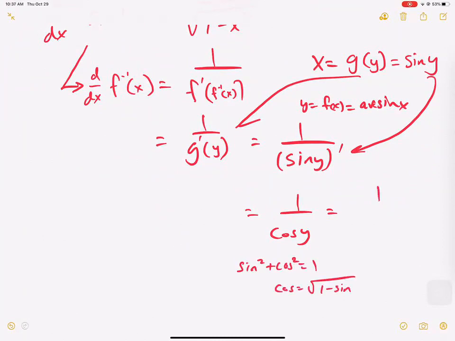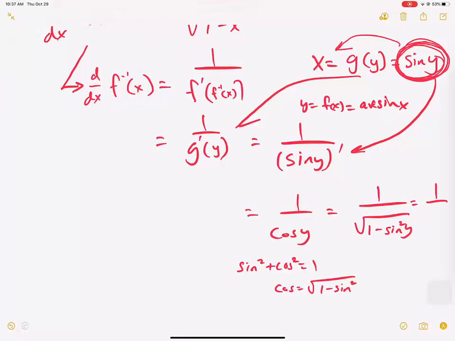So it's going to be 1 over the square root of 1 minus sine squared of y. Wouldn't it be sine squared? Yeah, yeah, sine squared. Look here. Sine of y is just x in our tipsy-topsy world. So it's 1 over square root of 1 minus x squared.